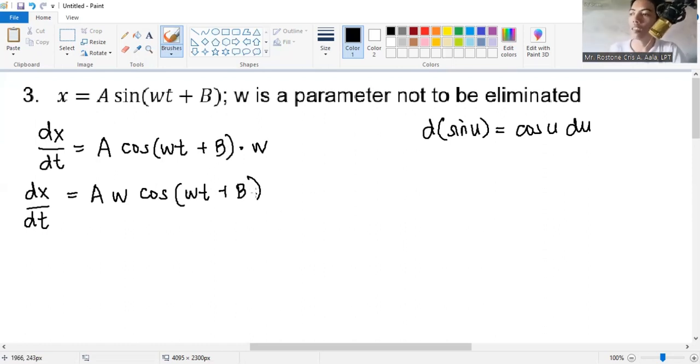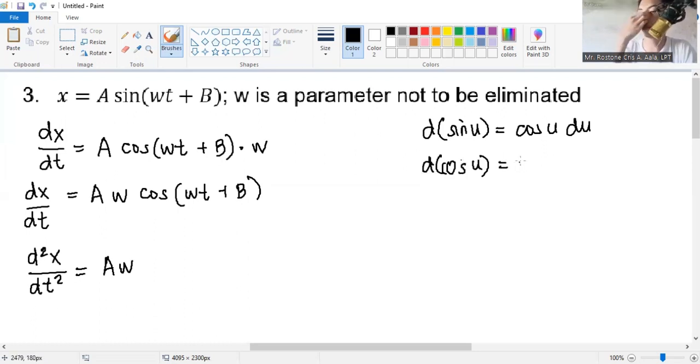Okay. So the next step that we need to do is to get the second derivative. So the second derivative is d squared x over dt squared. That is equal to. So again, meron pa rin tayong dito na constant. So our constant or numerical coefficient na pwede nating ilabas, which is yung aw. Then get the derivative of the cosine. So the derivative of cosine u is just equal to negative sine of u du. So it means that the derivative is negative sine.